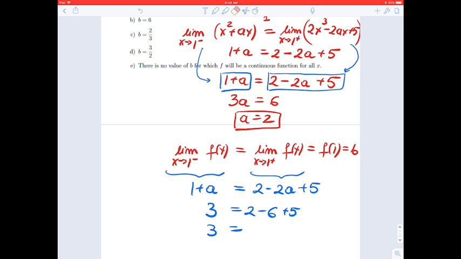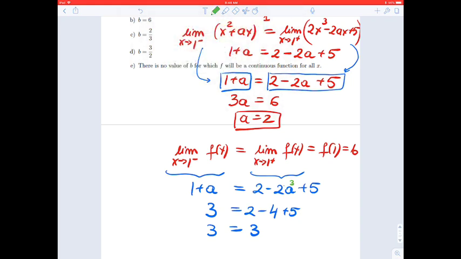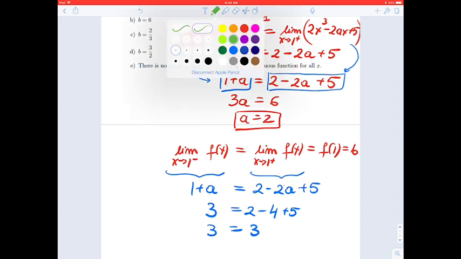Oh, I do have a mistake, because 2 times 2 is 4. Okay, that's me. Now I have 2 minus 4 is negative 2. Negative 2 plus 5, it is 3. Okay, because a is 2. Why? Because I have 3 as the limit.